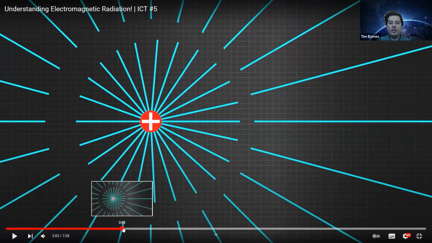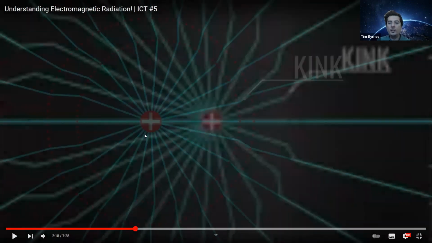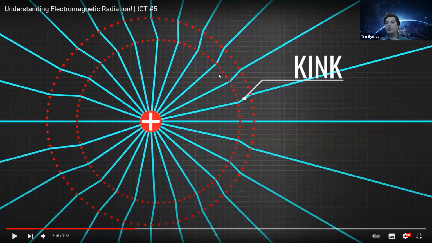And because this change moves at the speed of light, say you suddenly changed the position of this charge. Outside the circle, any kind of change in the electric field can only travel at a maximum of the speed of light.